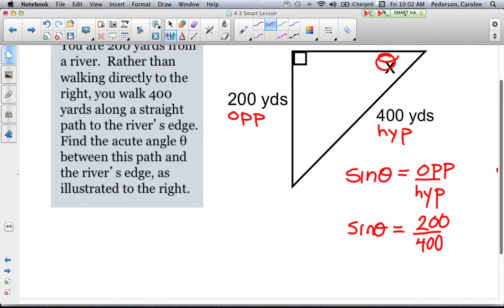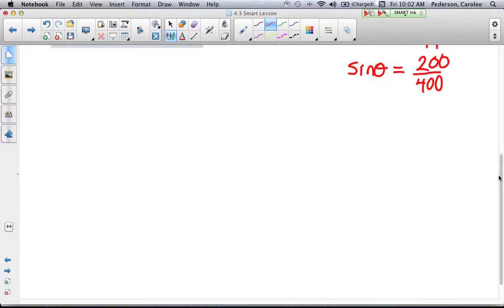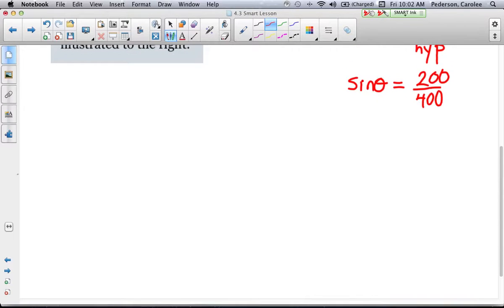So now, we're not trying to find the length of a side. What are we trying to find? The degree. So what's important with our calculator now? You have to push that second button. So we have to take the inverse of it. So to find angle theta, you take the sine inverse of 200 over 400.